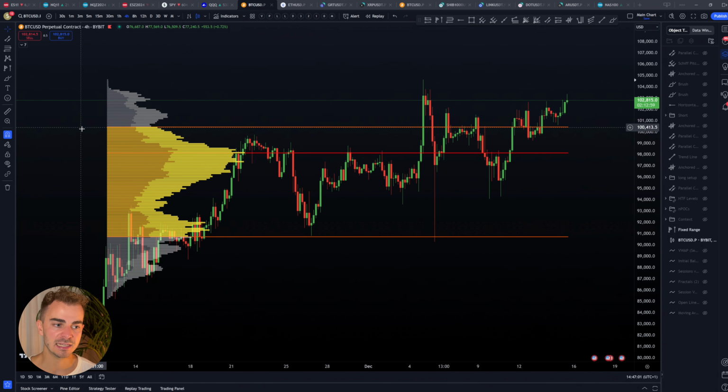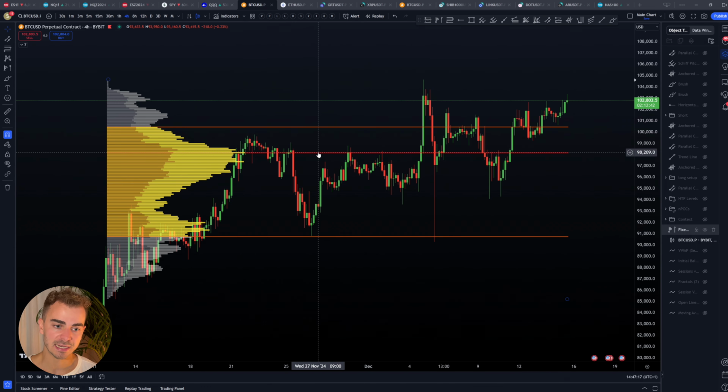Now this gives us insights into where 70% of this entire volume in this range was traded. And that is indicated by the value area high, which is this orange line, and the value area low, which is this orange line down here. And we can already see how well this value area low was respected.